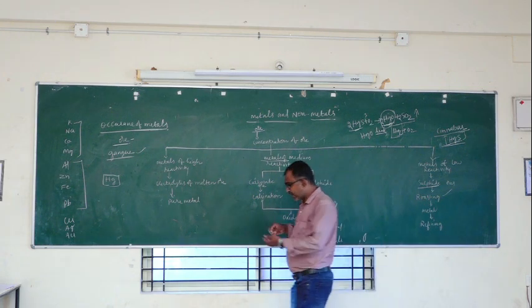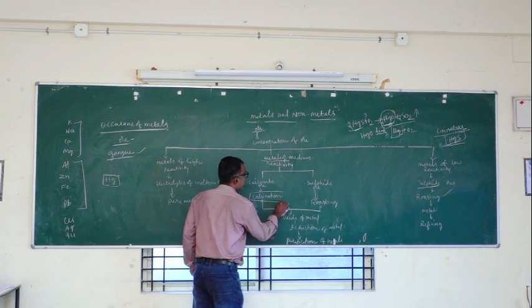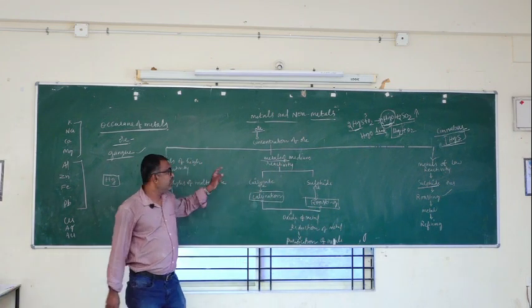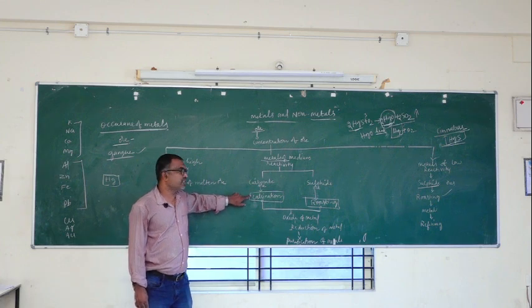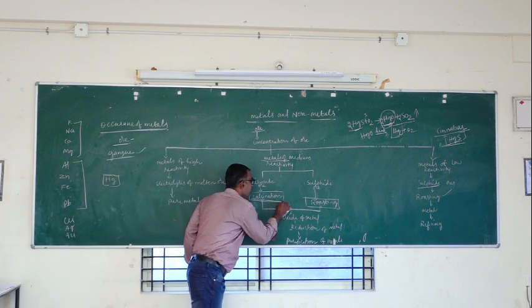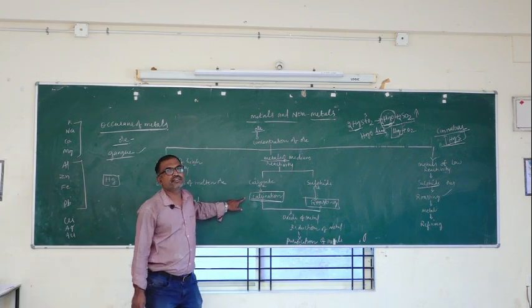Then, what is meant by calcination and what is meant by roasting? It's a very, very important question. In the examination, they are going to ask the differences between calcination and roasting. So what is meant by calcination?